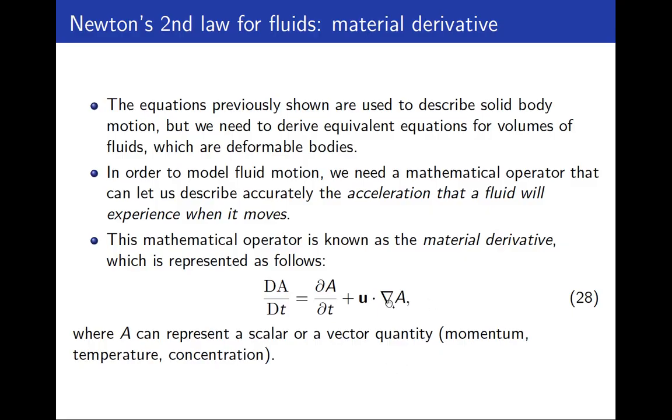So the momentum, or this material derivative, is associated with the convection process. Convection is a mechanism of transport of a quantity, which can be momentum, temperature, or concentration. Convection studies the transfer of this quantity from one place to another due to the movement of the fluid.